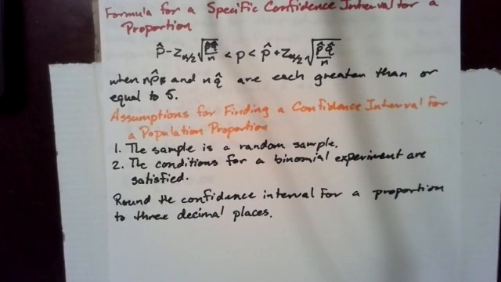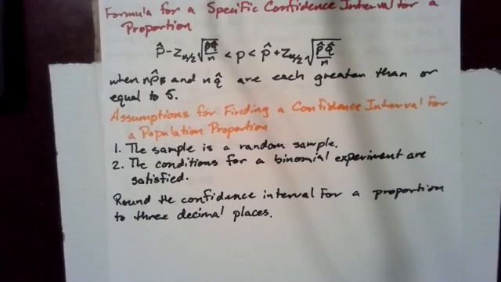The formula for a specific confidence interval for a proportion: P hat minus Z sub alpha over 2 times the square root of P hat times Q hat over N is less than P, which is less than P hat plus Z sub alpha over 2 times the square root of P hat times Q hat over N, when N times P hat and N times Q hat are each greater than or equal to 5.